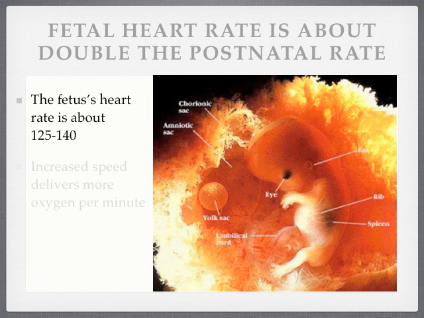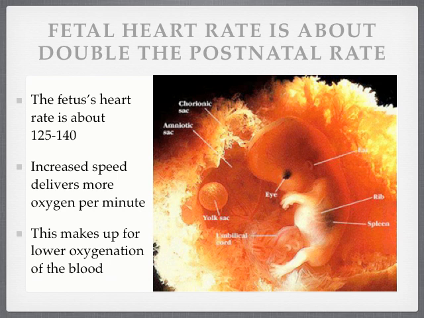And although the blood is carrying slightly less oxygen than it would in you or I, at least in our general systemic circulation, the increased speed means that there's more oxygen per minute being delivered. So although the blood is carrying less per amount of blood, more blood is arriving. And so that makes up for that lower oxygenation.